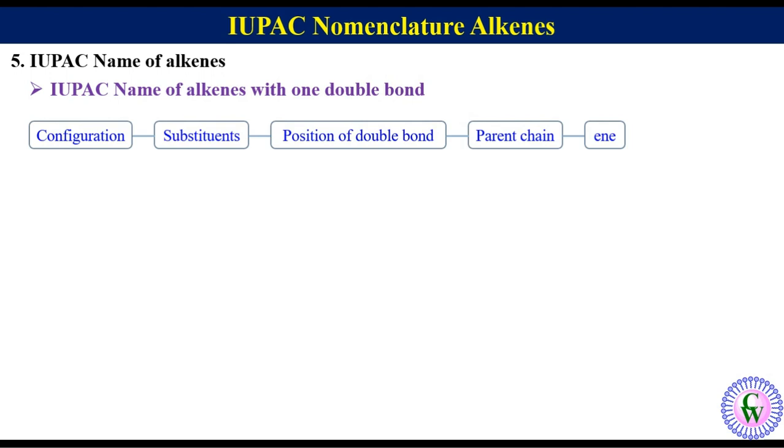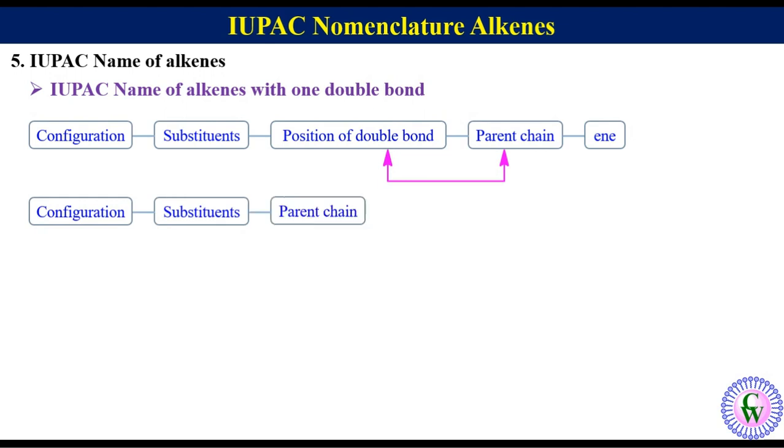There is one more general structure in which there is shuffling between the double bond position and parent chain. So the structure becomes configuration of alkene, substituents, parent chain, position of double bond, and suffix "ene."